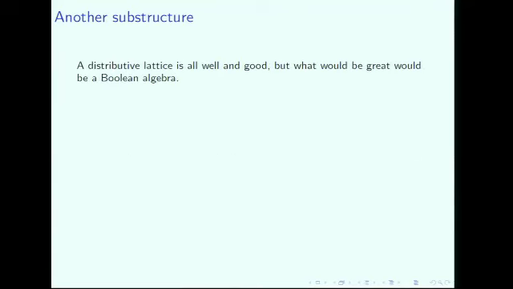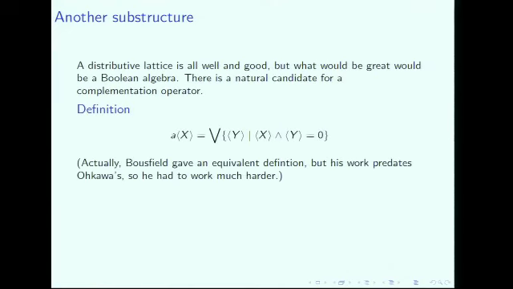As a set theorist, a distributive lattice is nice, but what I'd really like is a Boolean algebra. So can we get that? Well, for a Boolean algebra, you want a complementation operator. So let's let little a be our complementation operator.